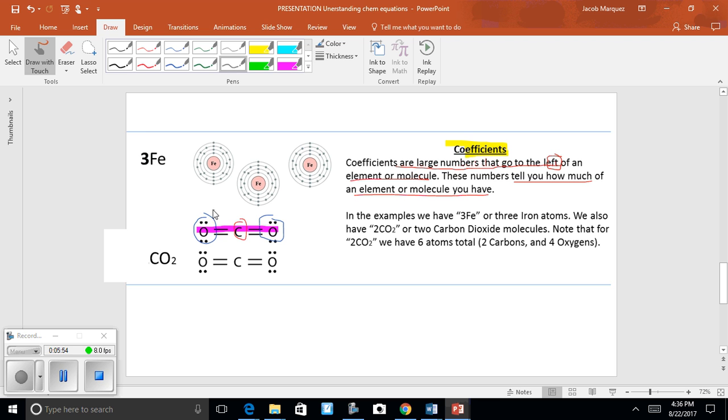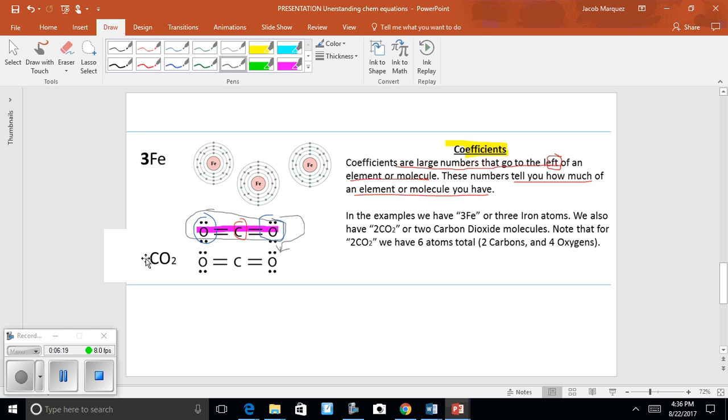But is this whole molecule attached to this one? And the answer is no. These 2 molecules are actually separate from each other. These elements are attached to each other. So here's another CO2, but they aren't attached. Each molecule isn't attached to the other. There's no bond there.